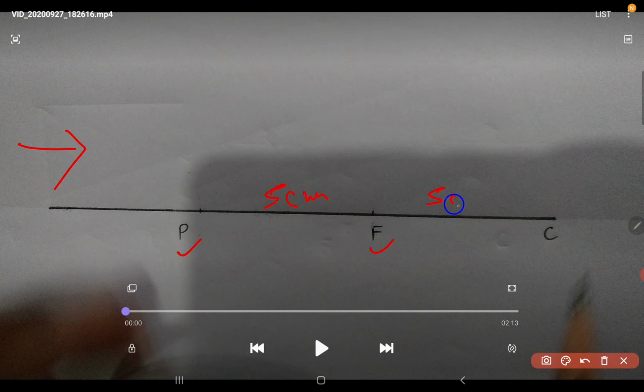So here again I have already drawn the line. I need to draw a pole on this side because the ray will come from this side. And we have the focus. The distance between them is 5 centimeter. Here also the distance is 5 centimeter from the focus to the center of curvature. So let us begin.